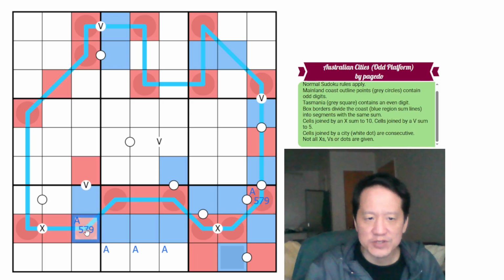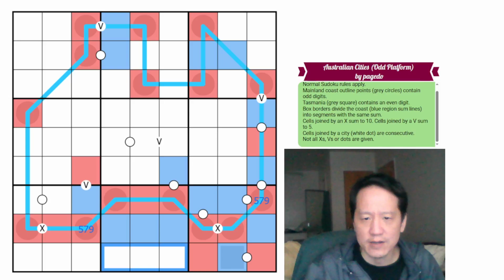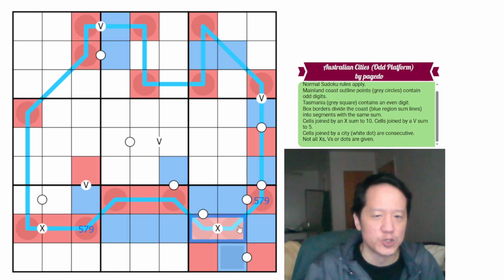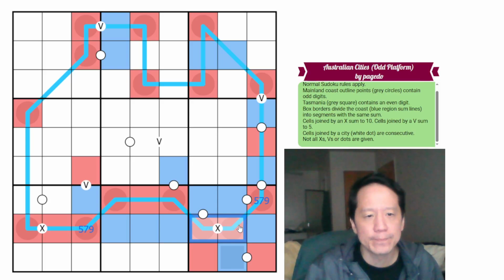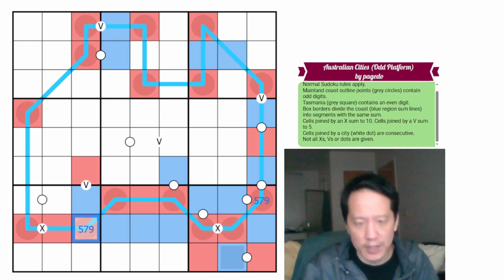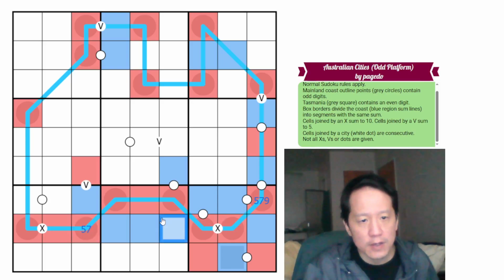This is not actually the same value. So this A is actually not the same value. Apologies for that. Sometimes be careful about that. I've done it a decent amount of times. So this cannot be 9. This could actually be 1, 3, 5, or 7. We don't know. And this is 5, 7, or 9.